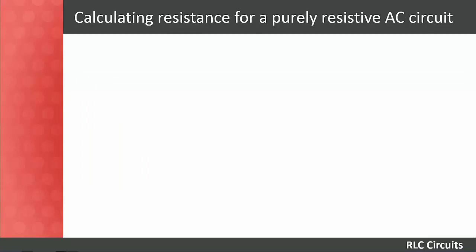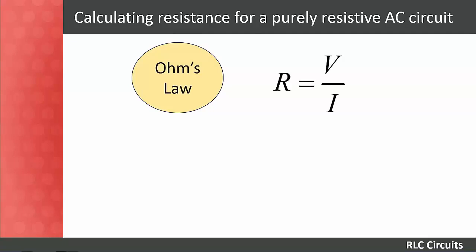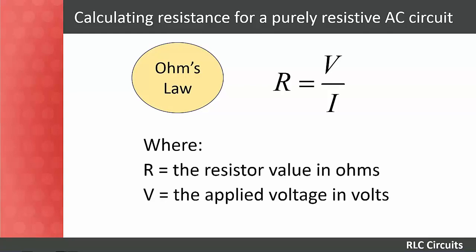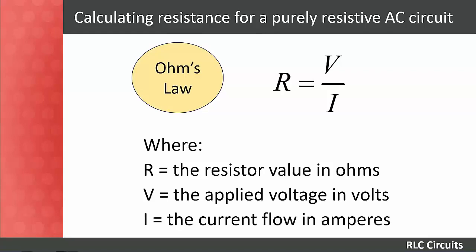We can therefore apply expressions according to Ohm's law here. The opposition to current flow in the circuit is called resistance and is represented by the formula R equals V over I, where R is equal to the resistor value in ohms, V is equal to the applied voltage in volts, and I is equal to the current flow in amperes.